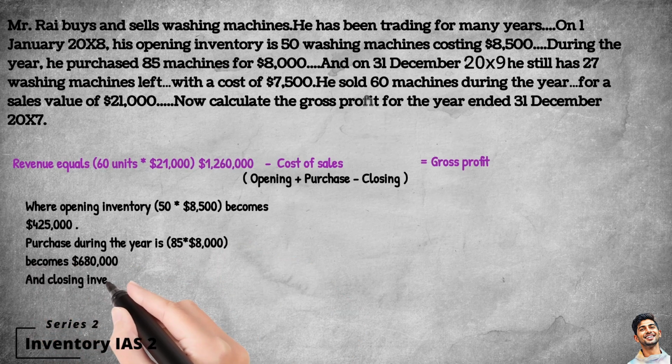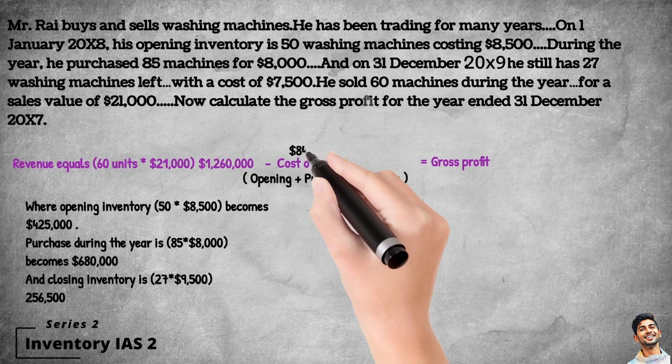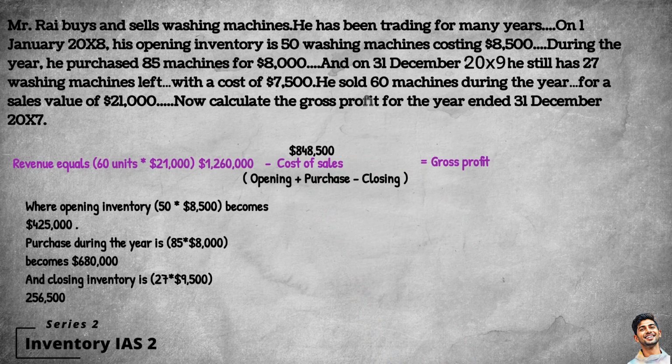Purchases during the year are 85 units of machines into $8,000, which becomes $0.68 million. And closing inventory is 27 units, each unit costing $9,500, which becomes $0.2565 million. Therefore, the gross profit will be $0.4115 million.